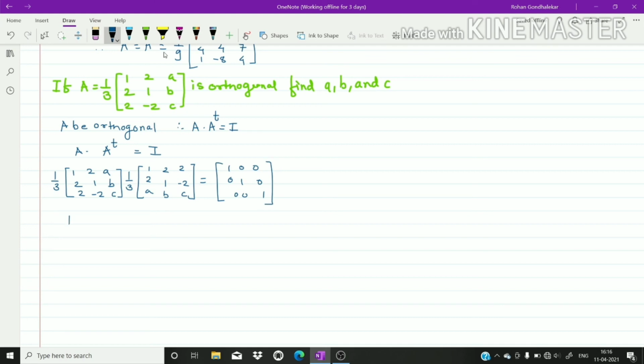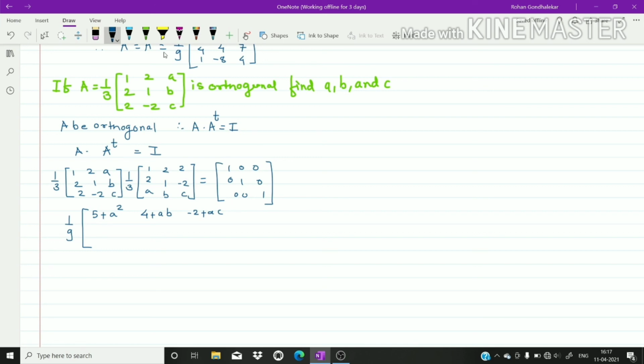1 by 3 into 1 by 3 gives me 1 by 9 into: 1 into 1 is 1, 2 into 2 is 4, a into a is a square. So 1 plus 4 plus a square gives me 5 plus a square. Now first row second column: 1 into 2 is 2, 2 into 1 is 2, so 2 plus 2 is 4 plus ab. Next 1 into 2 is 2, 2 into minus 2 is minus 4, minus 4 plus 2 gives me minus 2 plus ac.